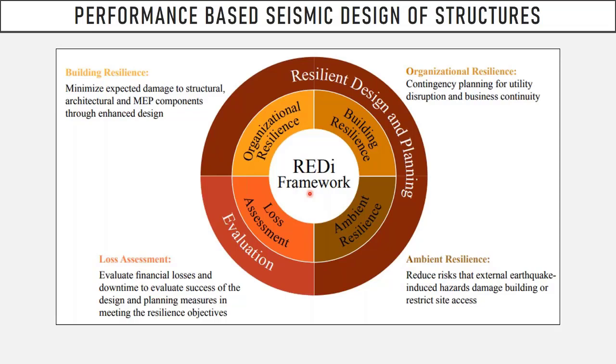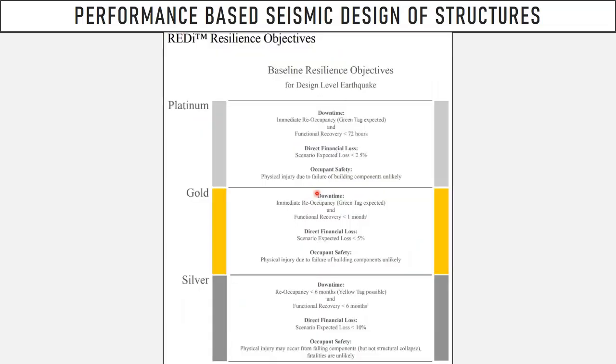Based on the criteria, which I will mention a couple of minutes later, you will have a READY level, whether it is platinum, gold, or silver. This is not obligatory.